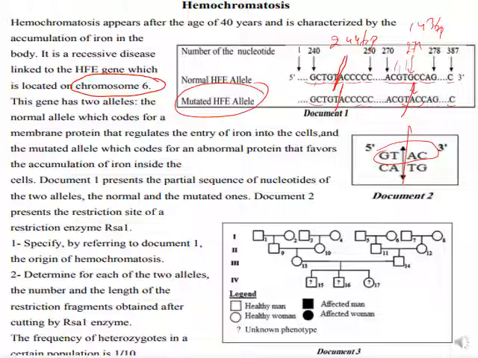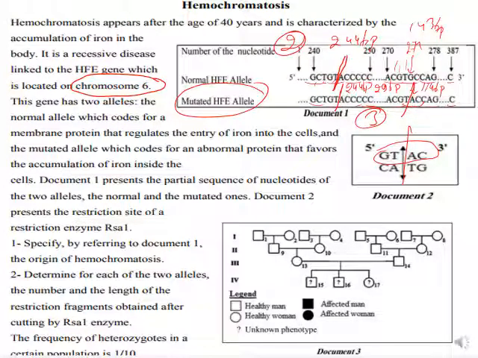The first one is between nucleotides 243 and 246, and the second between nucleotides 272 and 275. The first fragment is the same, 244 base pair, the second fragment will be 273 minus 244, which is 29 base pair, and the last one will be about 114 base pair. So here we have 3 fragments in the mutated, and 2 fragments in the normal.